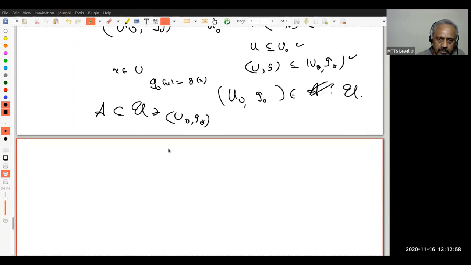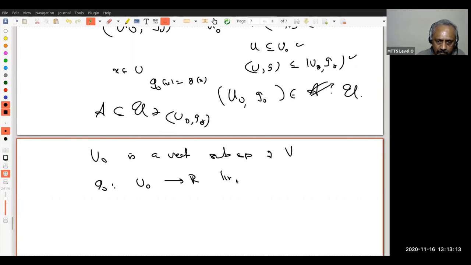So what do I have to check? I have to check that u naught is a vector space of V and g naught from u naught to R is a linear map. I have to check these two things. Then only it will be a legitimate upper bound for the totally ordered set A. You understand?